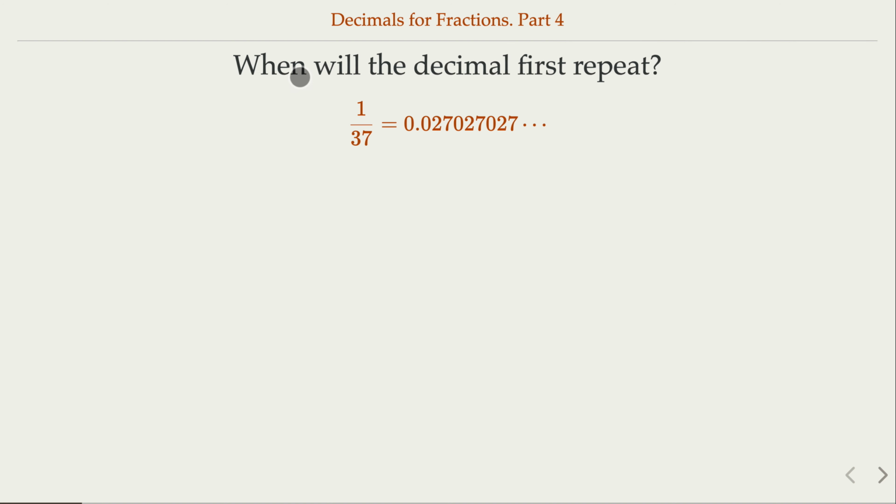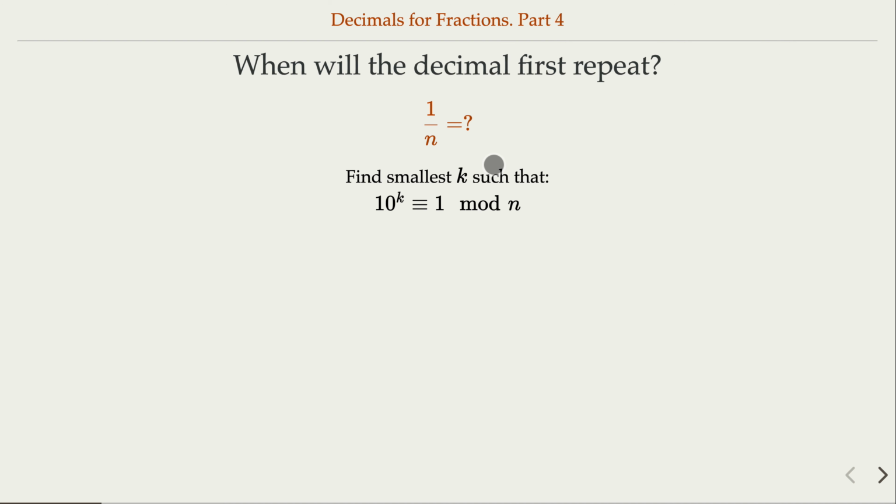So when we come back to the question, when will the decimal first repeat? The answer is it will repeat when you get remainder 1 in the process. Mathematically, we are looking for 10 to some power that is congruent to 1 with modulus 37. How about general n, 1 over n? Again, we're looking for 10 to some power that is congruent to 1 mod n. So we need the first occurrence, that is, the smallest integer k such that this happens.